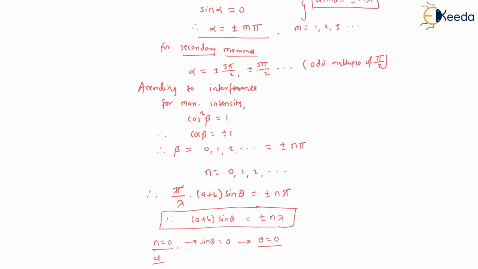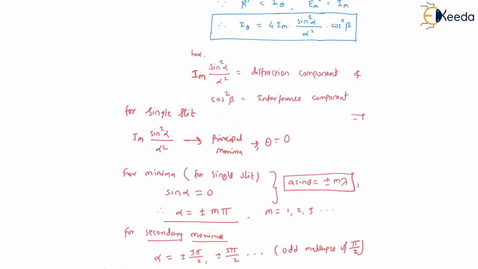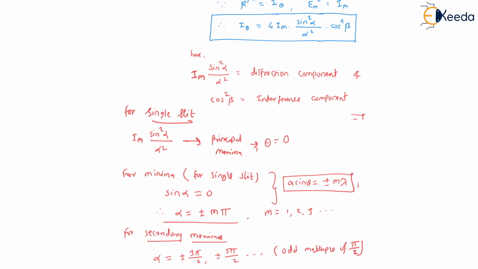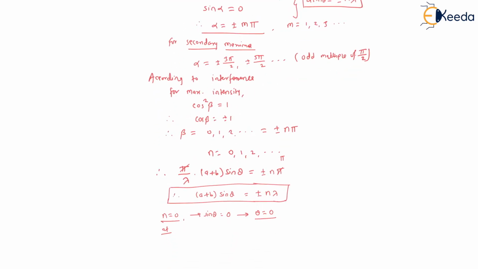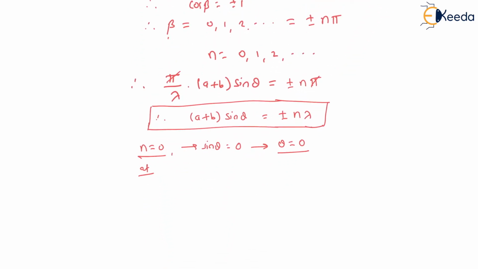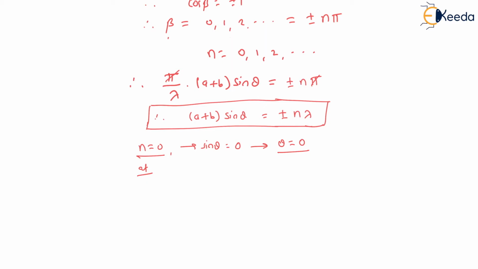And we already know that for diffraction, or single slit, we also get principal maxima when theta is equal to 0. That means in both cases, when theta is equal to 0, we get a maximum intensity point. And as these two components are maximum at the same value, the intensity of that maxima will be highest at that particular central point.